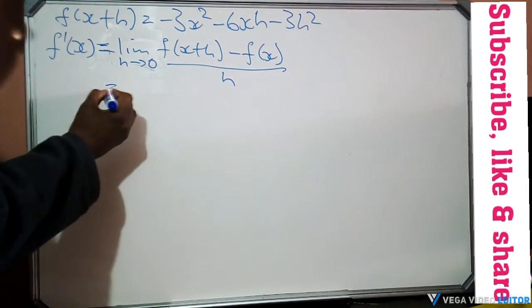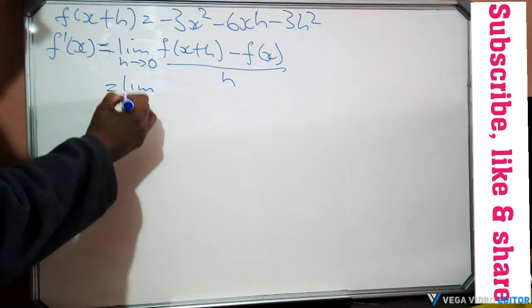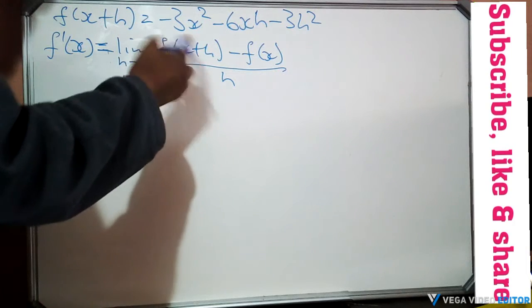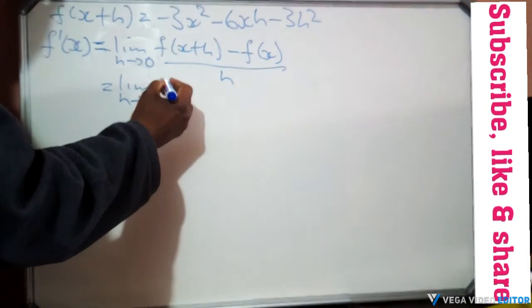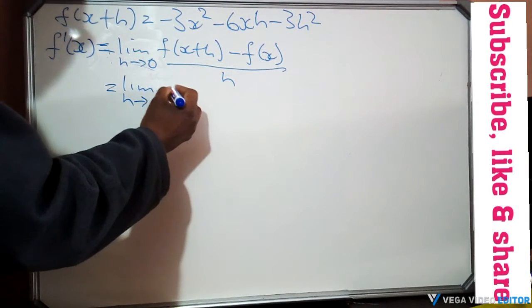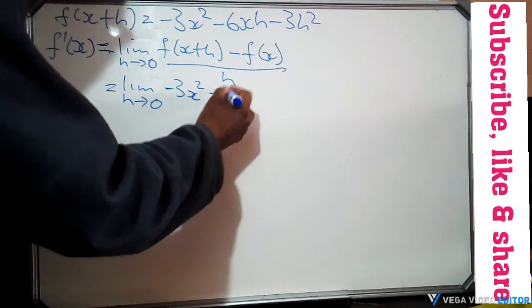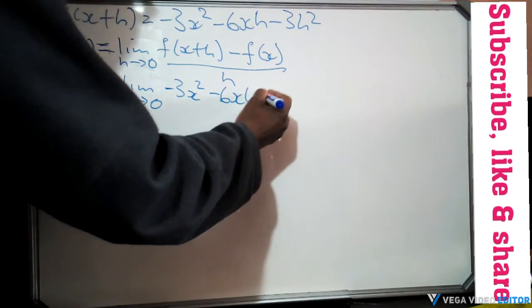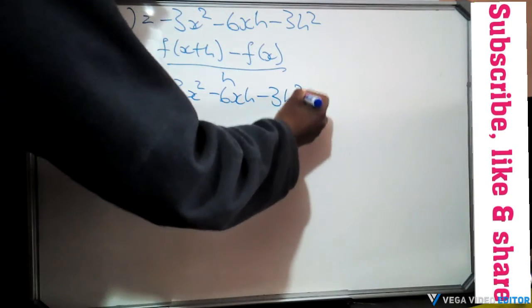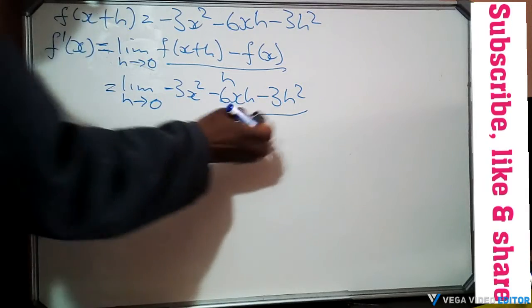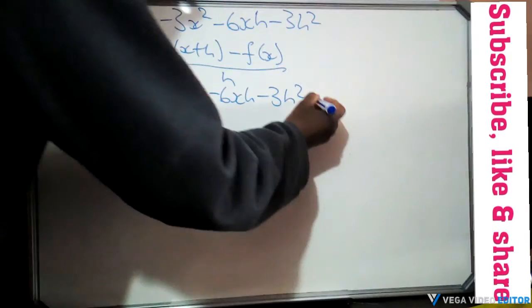This will give us the limit with h approaching 0. And we know that our f(x + h) is going to be minus 3x squared minus 6xh minus 3h squared. Sorry, yes, we're still continuing, it's not over.